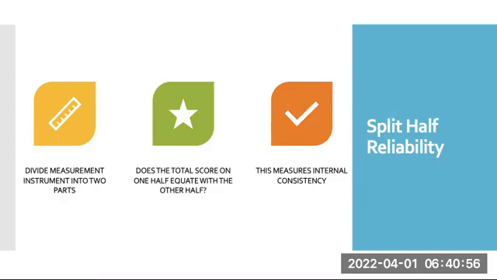So, split-half reliability. An estimate of split-half reliability entails dividing a single measurement instrument into two equal parts and correlating the total scores on one half with the total scores on the other half. The two halves may be derived, for example, by placing the even-numbered items in one group and the odd-numbered items in the second group.